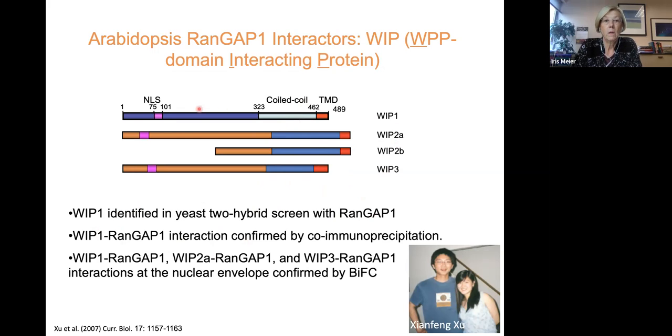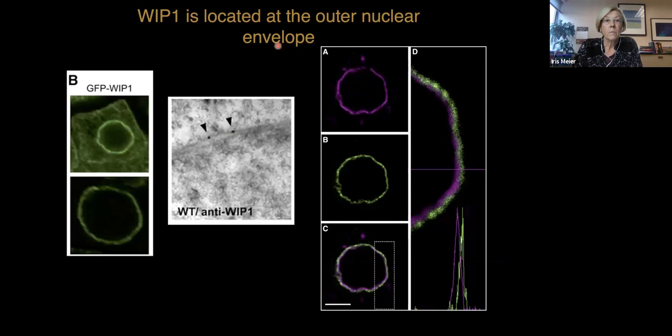And other than the coiled coil domain, these proteins have a potential NLS, and they have a transmembrane domain right at the C-terminus, so they are tail-anchored proteins. We also showed that in the mutant, in the absence of WIP1, 2, 3, we lost specific nuclear envelope retention of RAN-GAP. Now, WIP1 is located at the nuclear envelope. We showed that it's on the outer nuclear envelope by co-localizing it with a protein that is sitting in the nuclear basket of the nuclear pore, so a little bit off the inner nuclear membrane. We also confirmed this by immunolocalization.